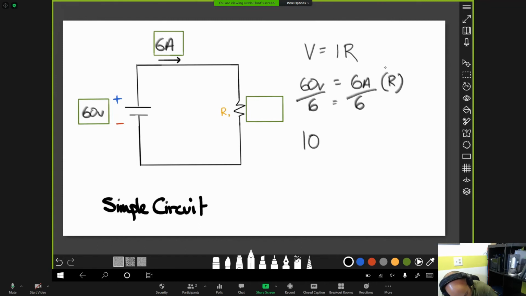And that gives us 10 of whatever the quantity of resistance is. And we know that a quantity of resistance is measured in ohms. So with some assurance, we can say that there is 10 ohms of resistance within our circuit, just knowing the pressure that's being exerted by our power source and the flow of the electrons. Let's do another one.